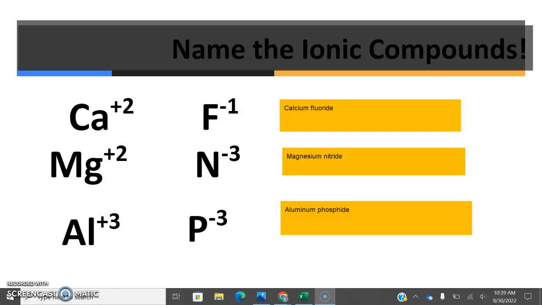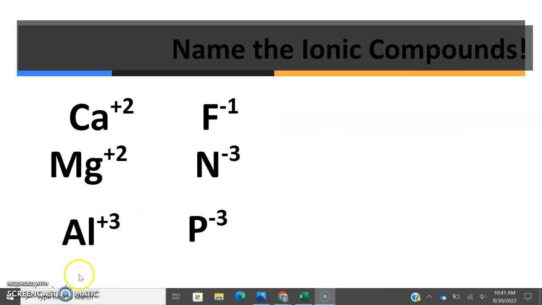So calcium fluoride, magnesium nitride, aluminum phosphide, and that is all you have to do for the naming of ionic compounds. And I just do want to clarify, since we've done those examples, these are with ionic bonds between one metal and a nonmetal. So there is going to be a little bit of a different naming rule for transition metals and polyatomics, which we'll talk about right now.